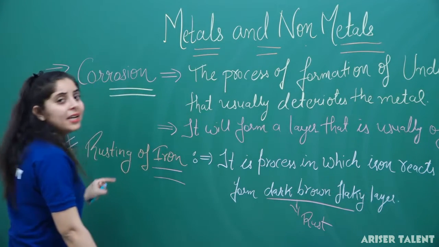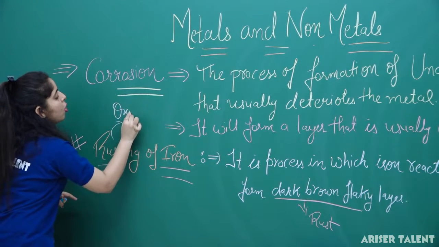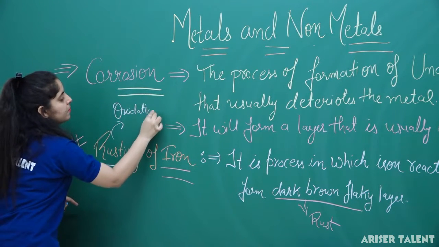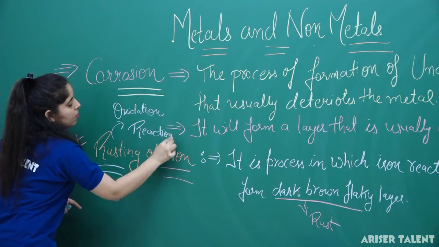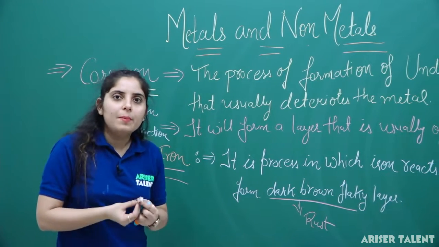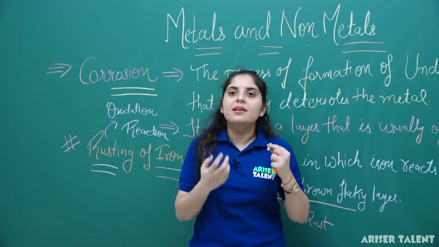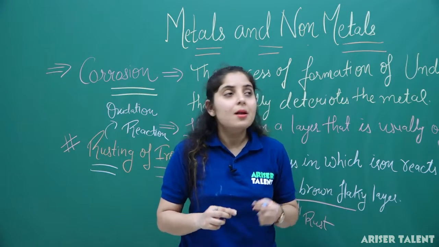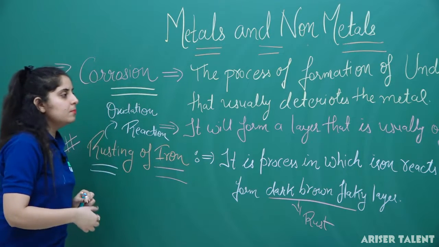So we can say that rusting of iron is basically an oxidation reaction. It is all about the rusting of iron and the corrosion of metals. Now we are going to deal with the three main conditions necessary for the rusting of iron. But before discussing that, if you want to copy it, please copy it from here.